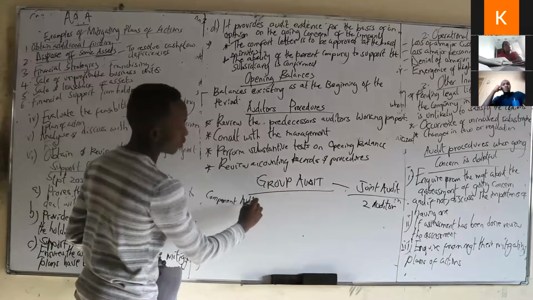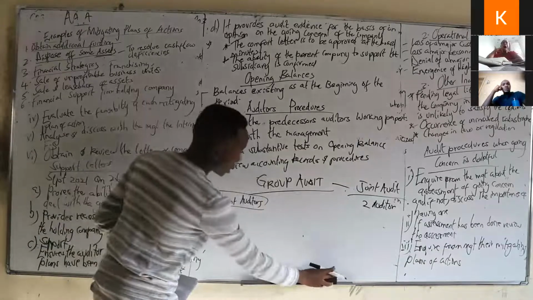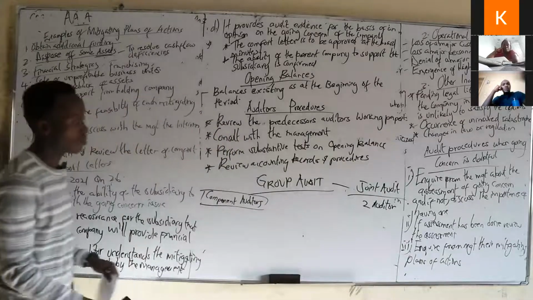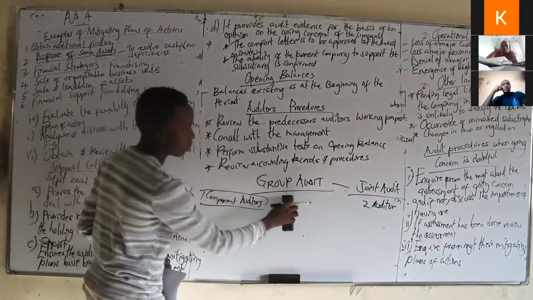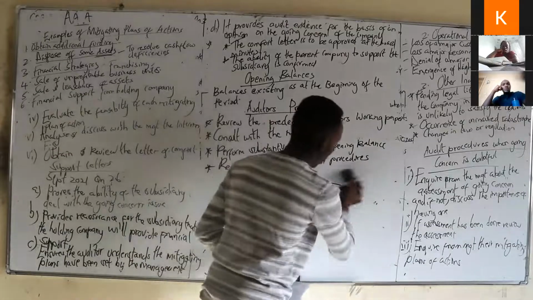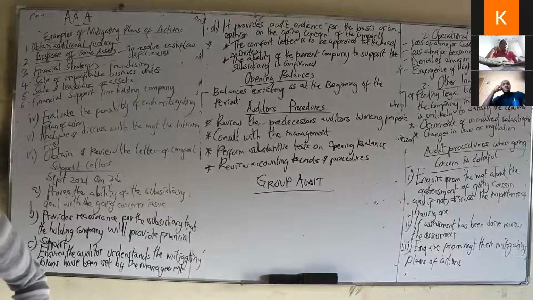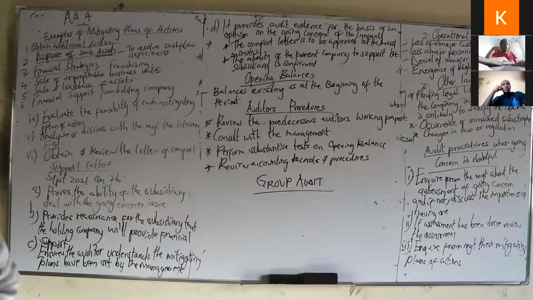These component auditors are those auditors that belong to probably the subsidiaries and the other types of branches that you have. So the group audit is what I want us to look at. There are key things that you have to identify in this group audit. When you're conducting a group audit, the first thing is that you have to plan for such an audit and the extent to which you will place reliance on the component auditors.